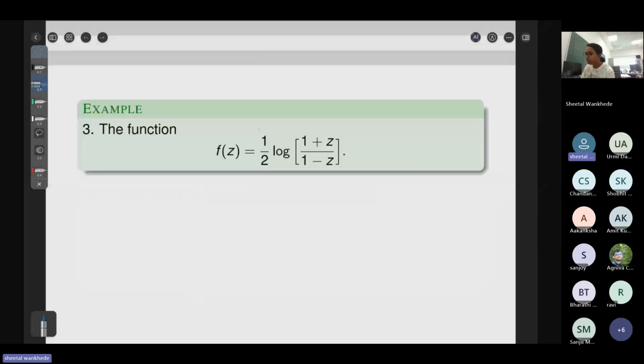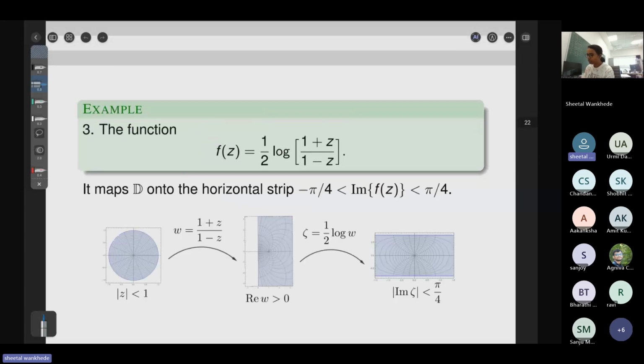Next, the third important function is 1/2 times log of (1+z)/(1−z). This function maps the unit disk onto the horizontal strip between minus pi by 4 and pi by 4. Here also we take w equal to (1+z)/(1−z), which maps the unit disk onto the right half plane, and the composition of these two gives this. The function 1/2 log w maps this right half plane onto this image.